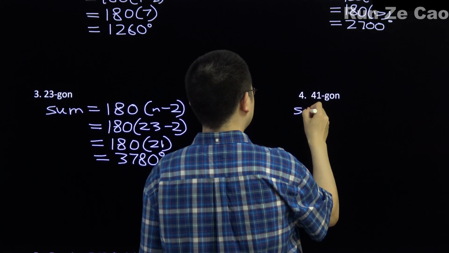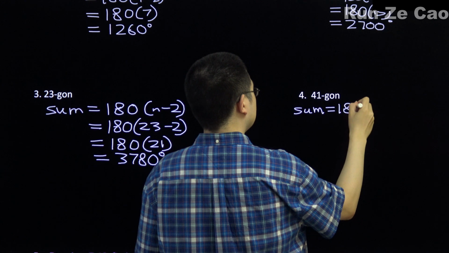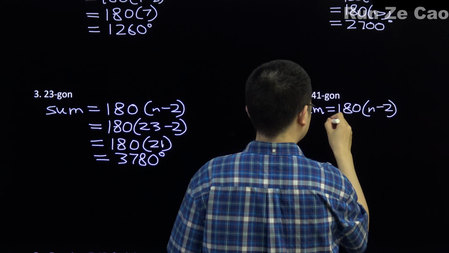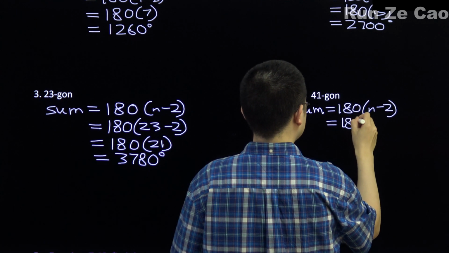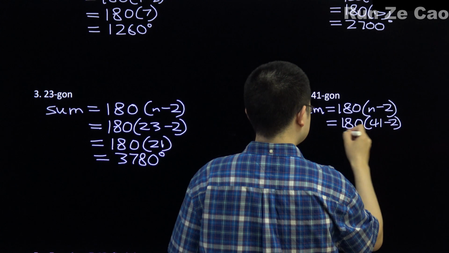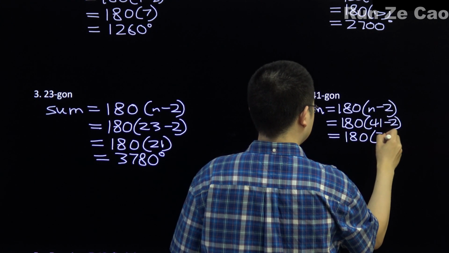For a 41-gon, that sum equals 180 times n minus 2. So 180 times 41 minus 2. So 180 times 39.